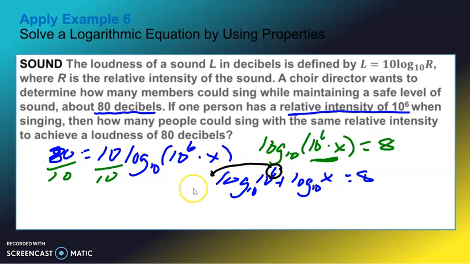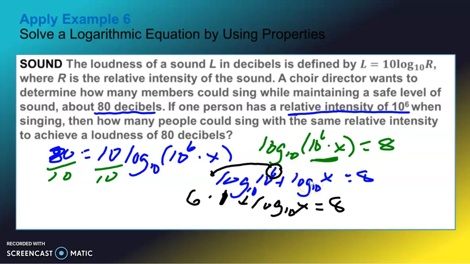I put the 6 out in front, and now I have 6 times log base 10 of 10. Log base 10 of 10 is 1, because if they are inverses of each other, the result is always going to equal 1. So I have 6 times 1 plus log base 10 of X equaling 8.